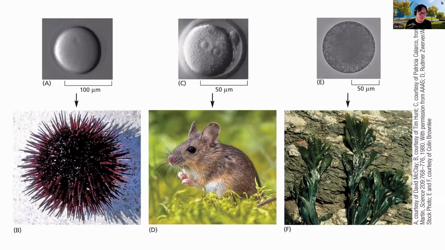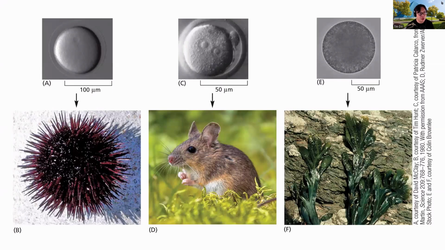We haven't developed further, but you can see the similarities between the three, whether it is a sea urchin or a field mice or even a plant. I think I want to say that's a kelp plant, but I'm not too sure. But we can see that in all three cells, you see the similarities of the fertilized egg cell. You can see maybe some of the DNA molecules in there, maybe.